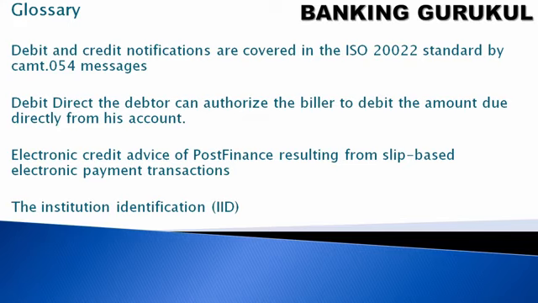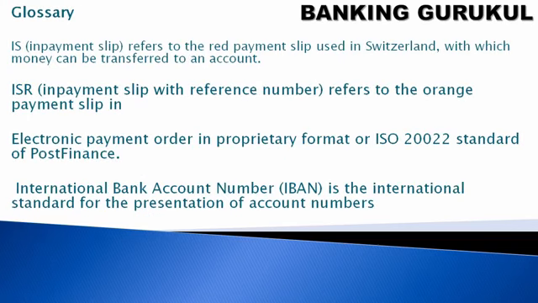Direct debit: the debtor can authorize the biller to debit the amount due directly from his account. Electronic credit advice of PostFinance results from slip-based electronic payment transactions. IID, the institution identification.